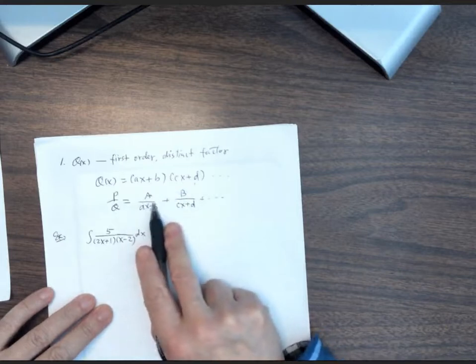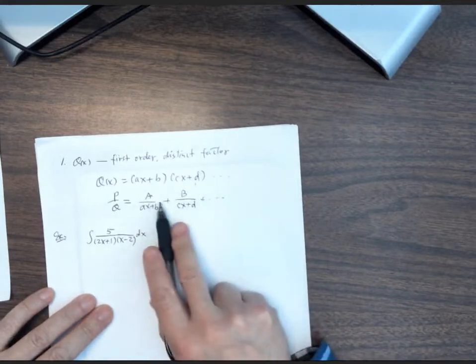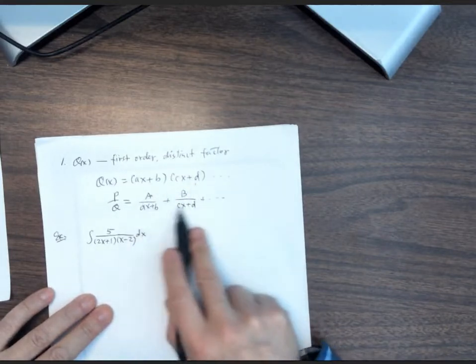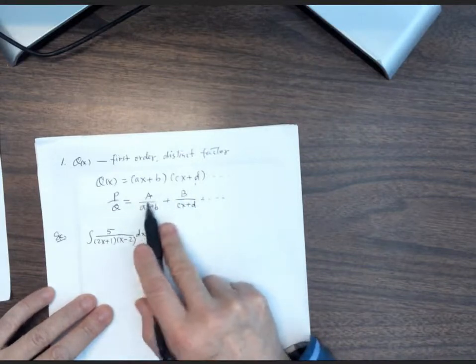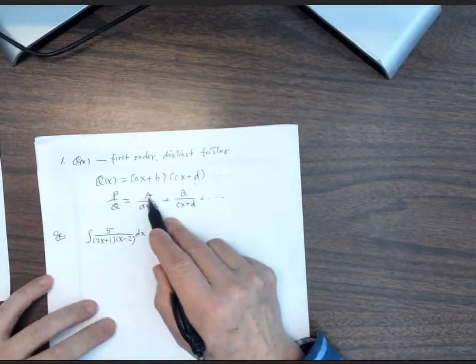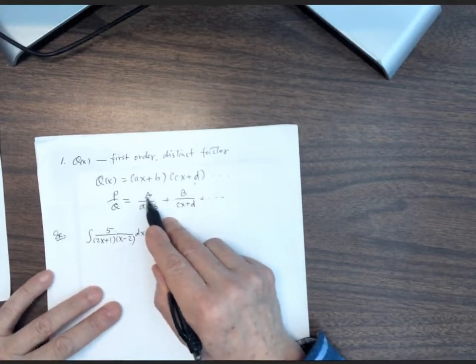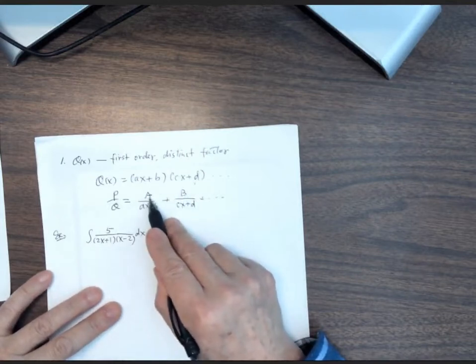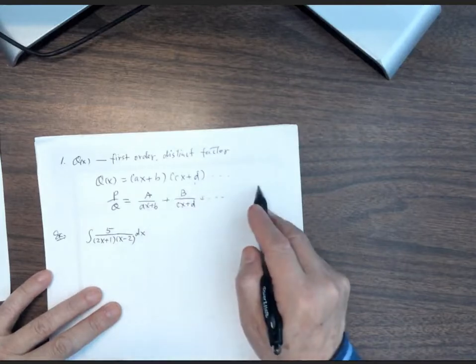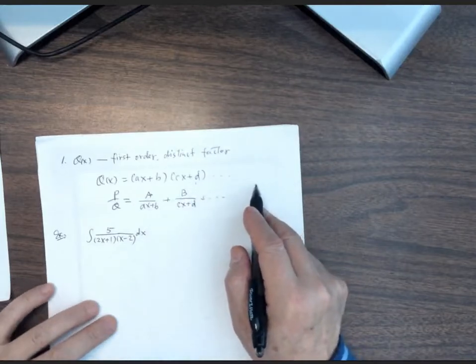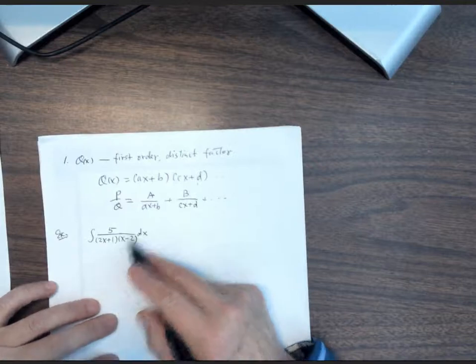We would add all those partial fractions up, and then try to determine those undetermined numerators, parameters, capital A, capital B, or capital C. I'm going to show you through an example how to do that.